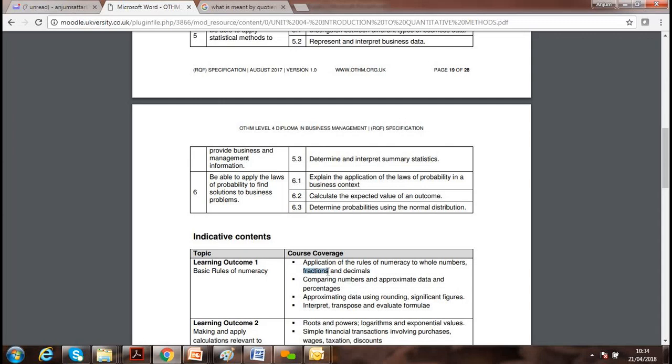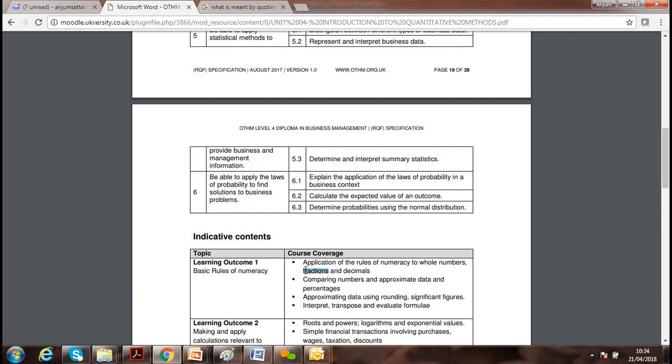Yes, we know the definition. What is meant by fractions? It represents a part of a whole number in the form of a numerator and a denominator.